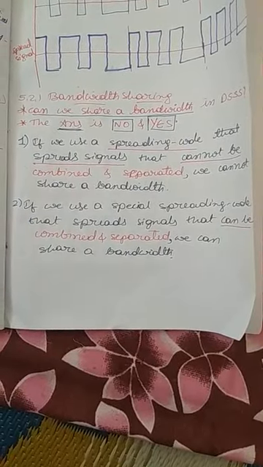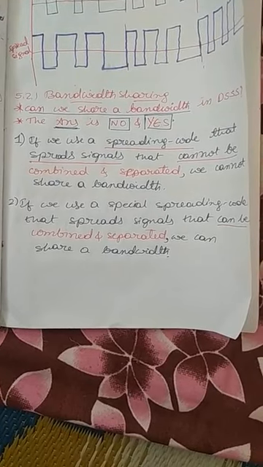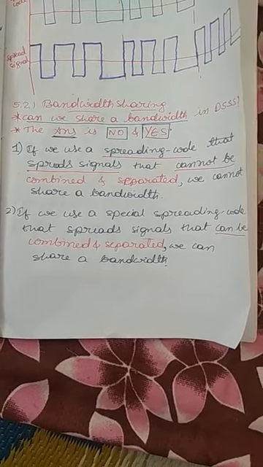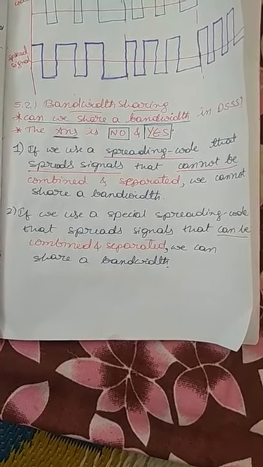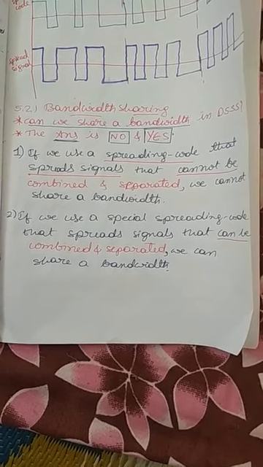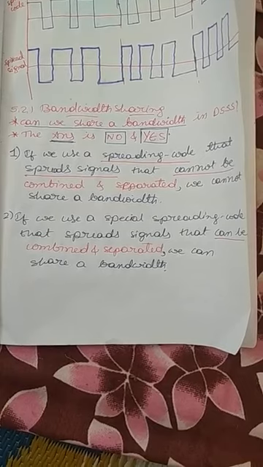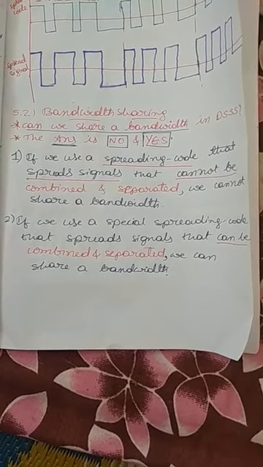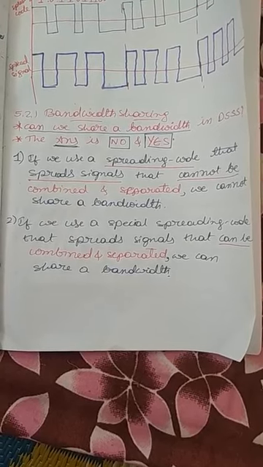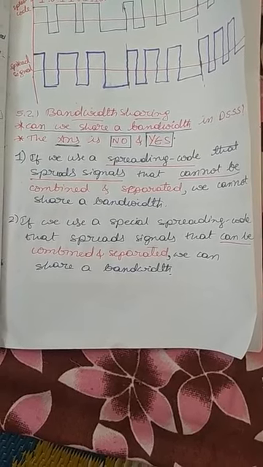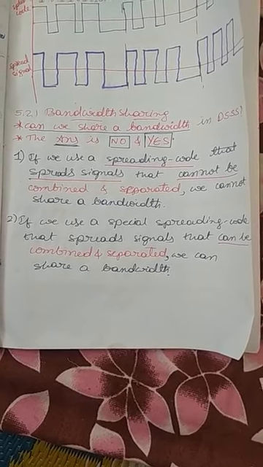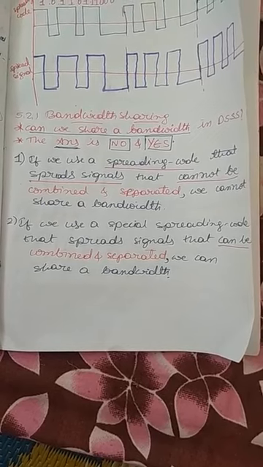Next concept is bandwidth sharing in DSSS. There is a question: can we share the bandwidth in DSSS? The answer is no and yes. We can share the bandwidth and we cannot share the bandwidth. There are two situations, one where bandwidth can be shared and one where it cannot be shared in DSSS.